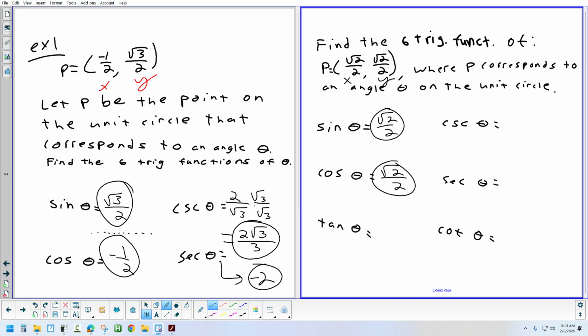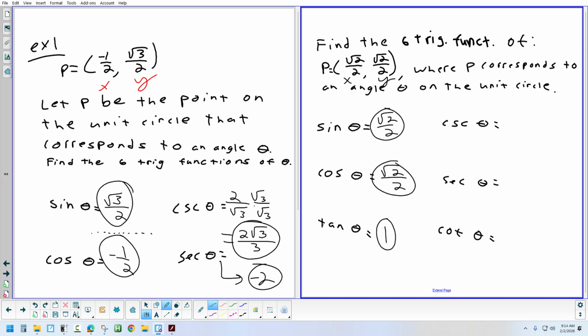Tangent. What's the formula for tangent? Y over x. And what do you get if you divide y by x this time? We should get 1 because they're the same. Whenever you divide two things that are the same, you get 1.